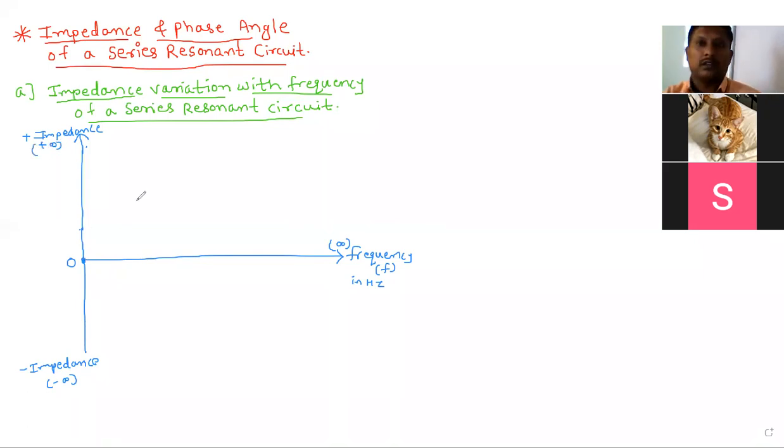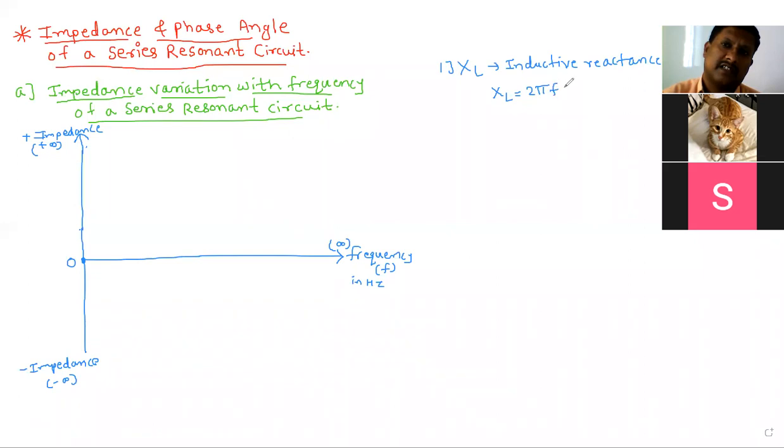Now we can see the graphs one by one. First of all, what is the formula of XL? XL is the inductive reactance or inductive impedance. The formula for XL is 2 pi FL.